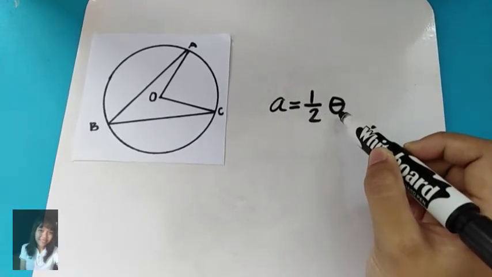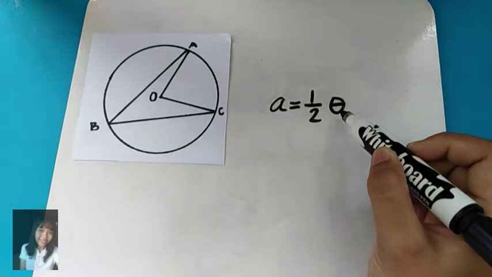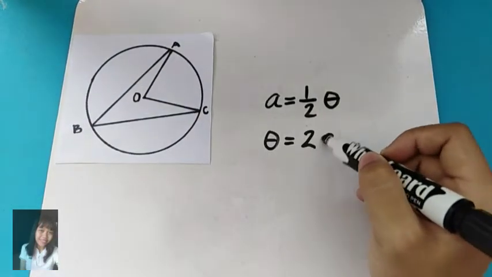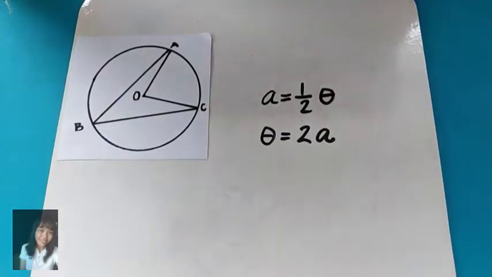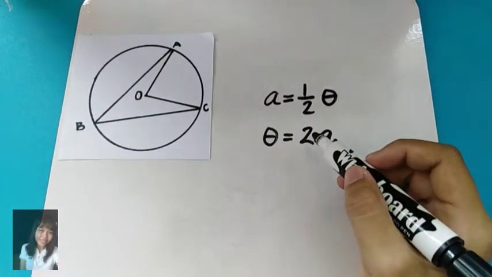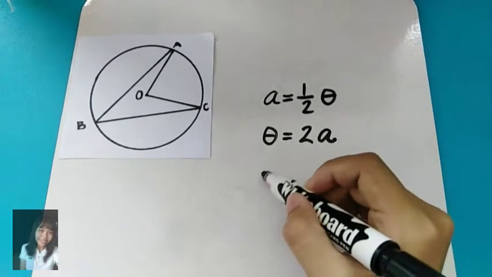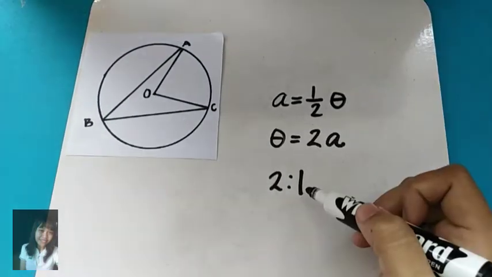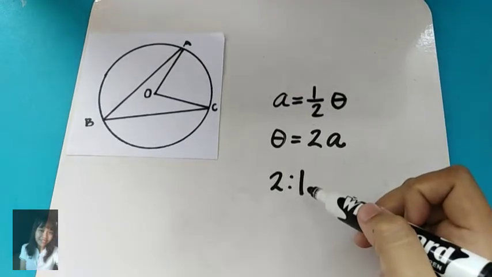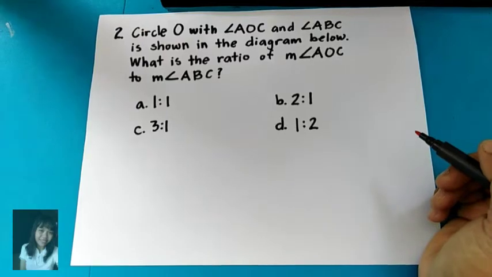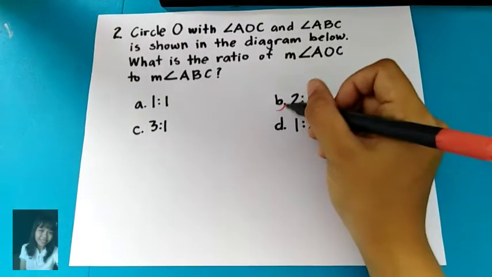If we want to find the central angle, we derive the formula into theta is equal to twice alpha. It means that the central angle is twice the measure of the inscribed angle, giving us a ratio of 2:1. Hence, the ratio of angle AOC to angle ABC is 2:1. Therefore, our answer for problem number 2 is letter B.